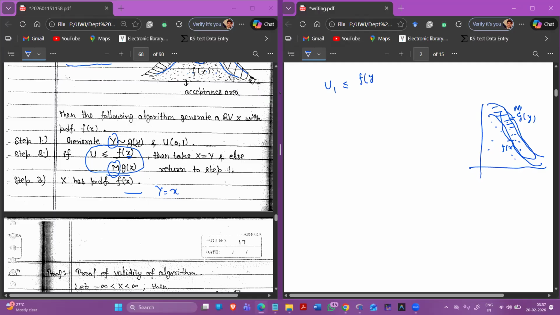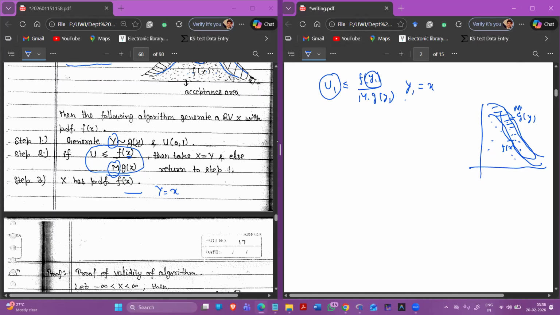I put y1 in fy and m into gy1. If the ratio is greater than or equal to u1, I will accept y1 and keep y1 as my x; otherwise I will reject it.